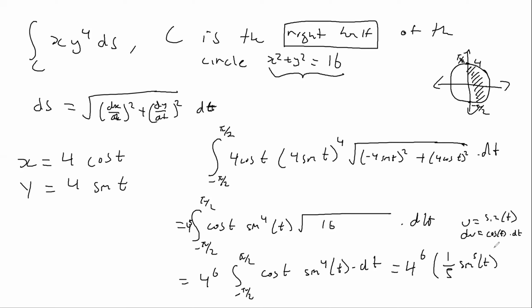We then just integrate that, bounded from negative pi over 2 up to pi over 2. I'll just leave that computation as this. So this is going to be my answer.